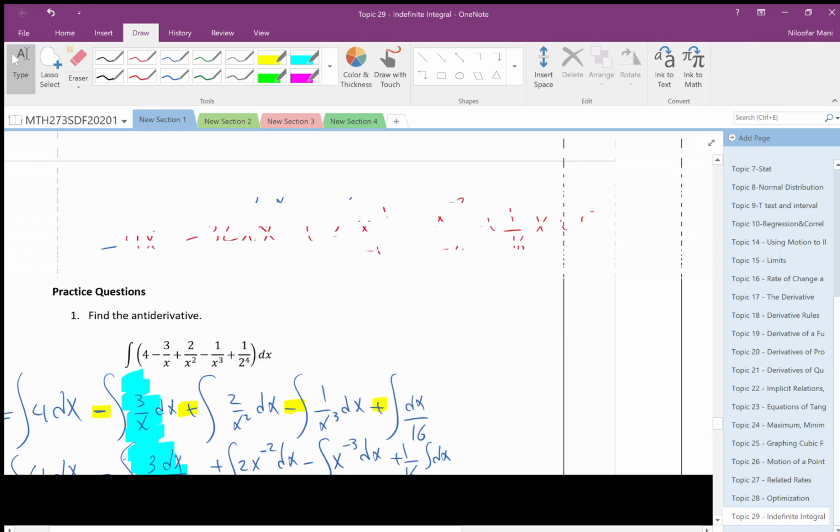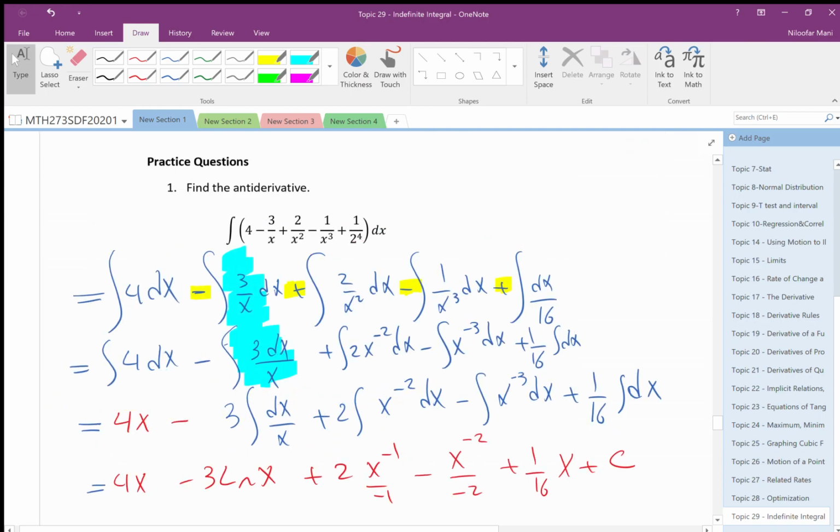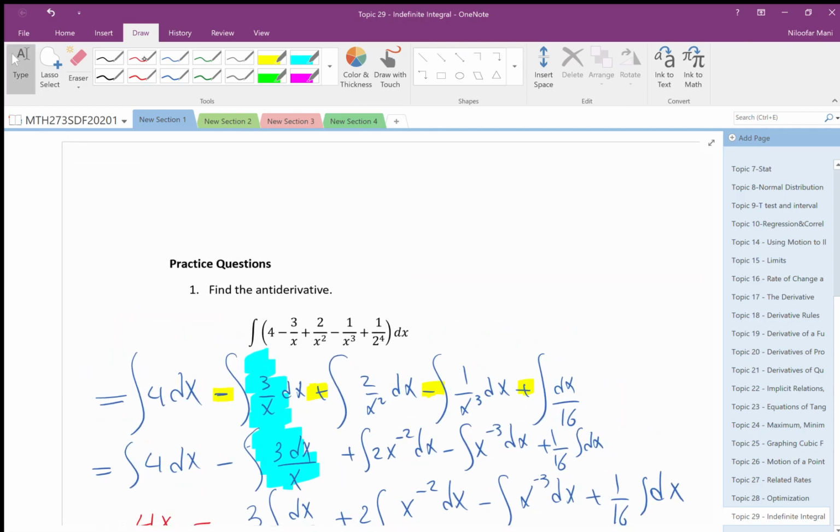Again here, I can go for plus and minus, I can bring the number out, I can change the power to negative. But remember, don't do it for 1 over x. I didn't mention it there because I wanted to reach this question.